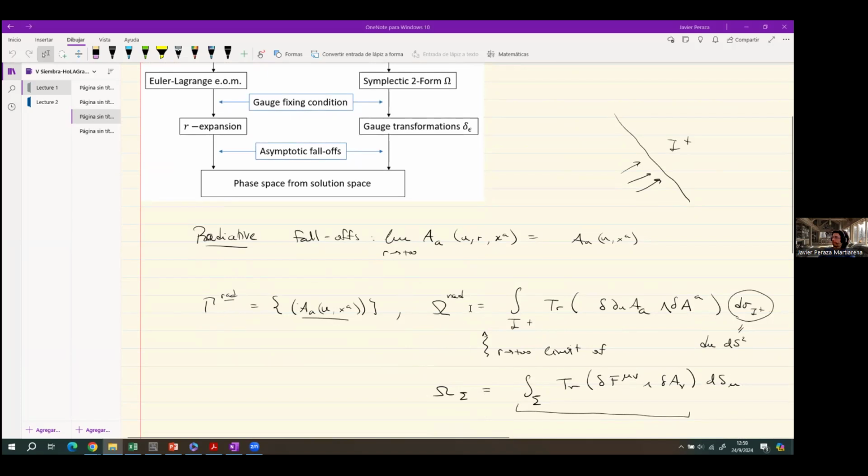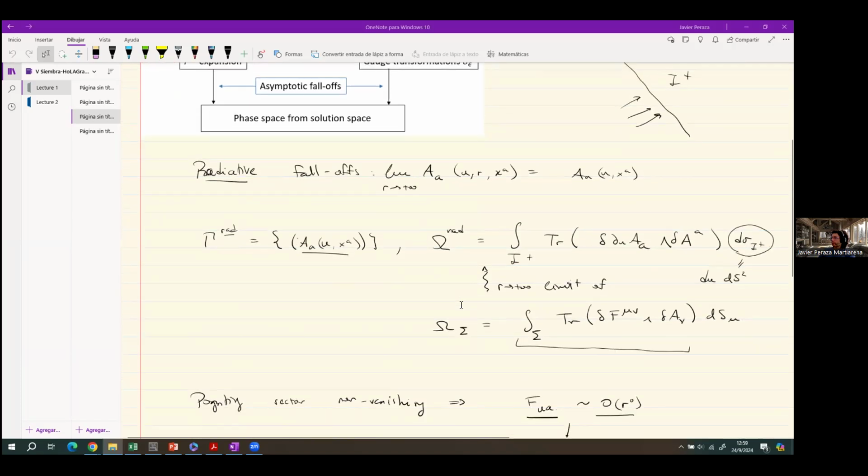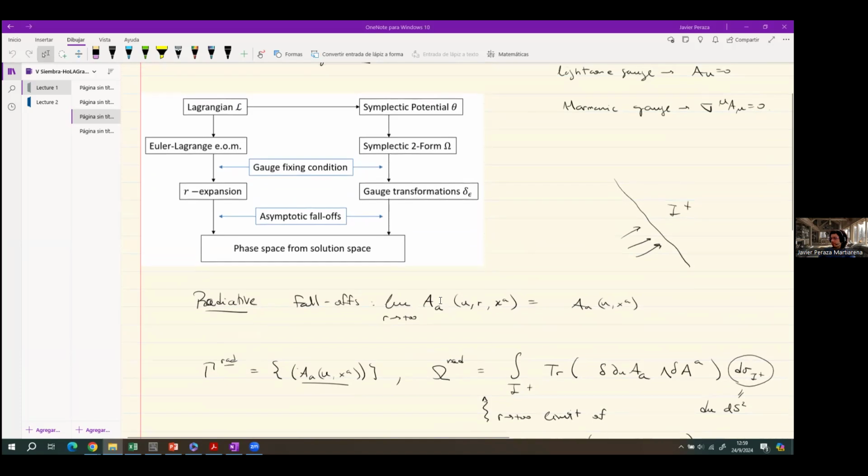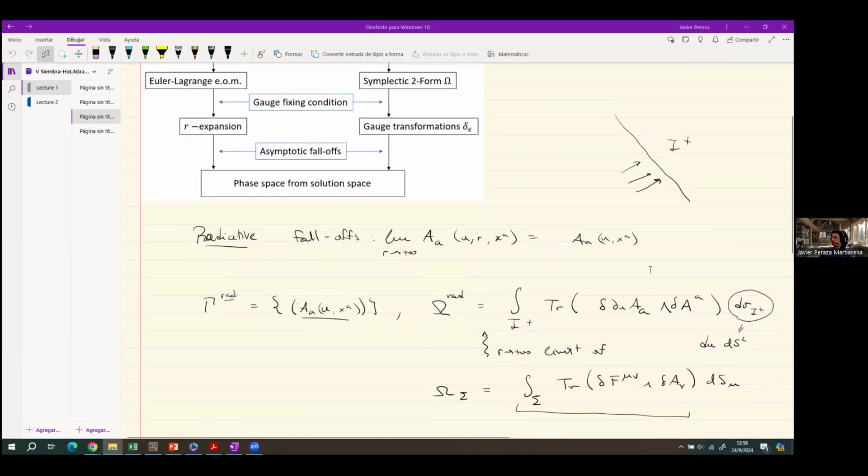The main idea is that if we think of electromagnetism, and this is part of the questions that were asked yesterday, we want non-vanishing radiation reaching scri plus.